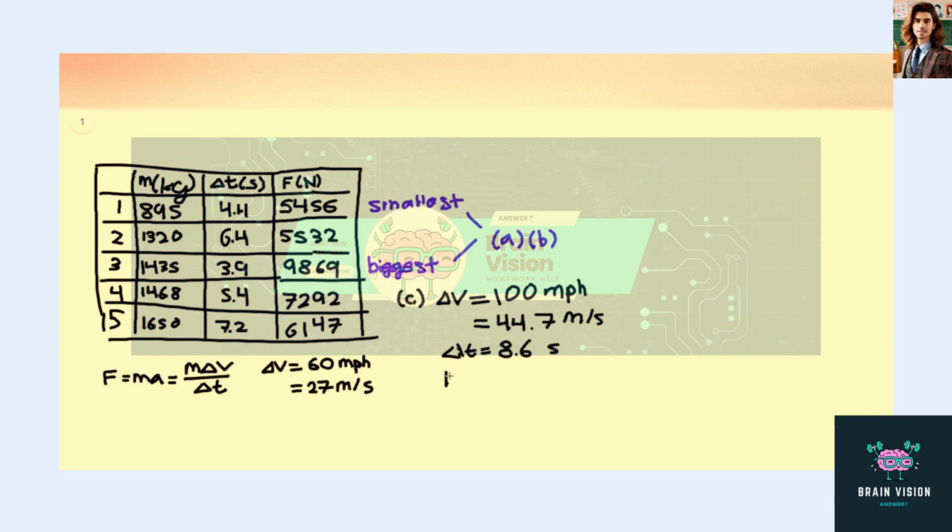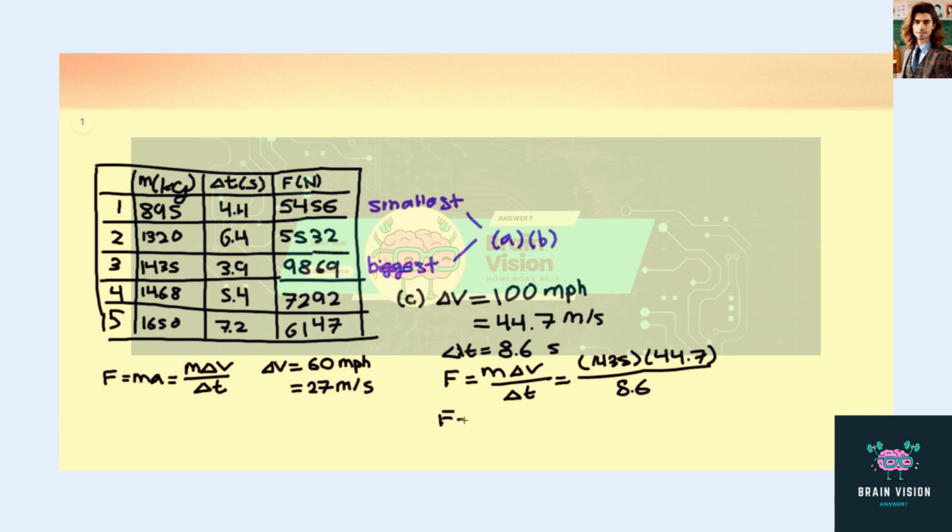So we literally just use the same formula again, which is F is equal to M delta V over delta T. Plug in numbers. So this is the Ferrari, so it has a mass of 1435 kilograms. Our delta V, we just said, was 44.7 meters per second, and then we're accelerating over a time interval of 8.6 seconds.